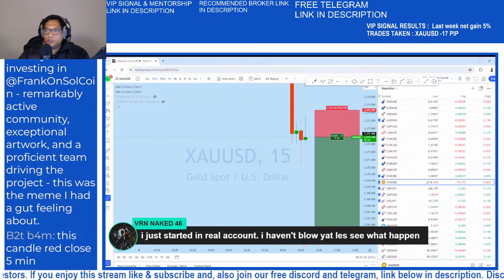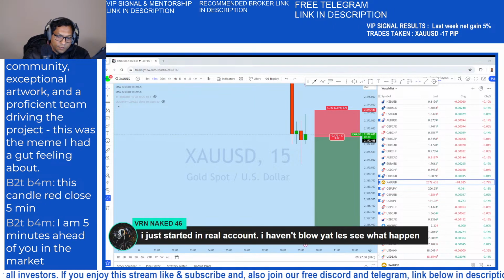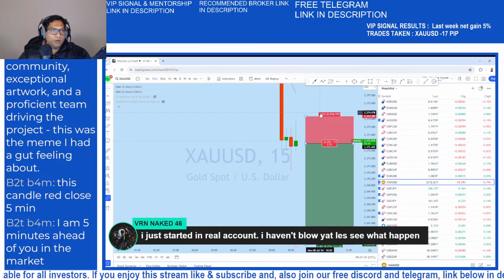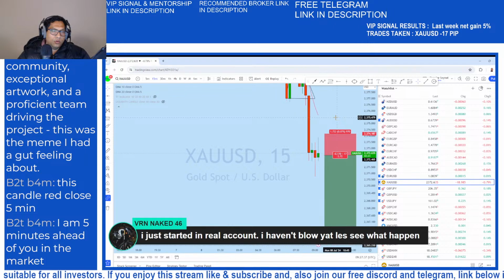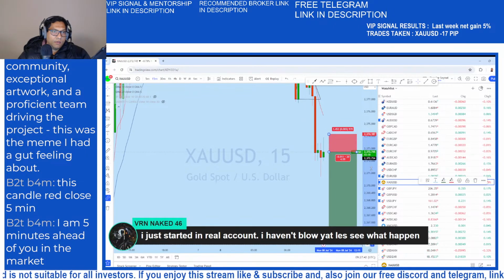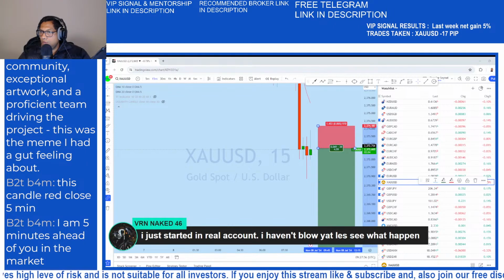There is only 16 pips stop loss here. Again 3 to 1. If you are running the previous trade, then I wouldn't recommend adding a position, but it's just the way. So you can see that here.